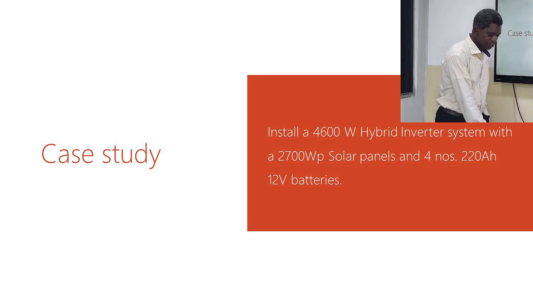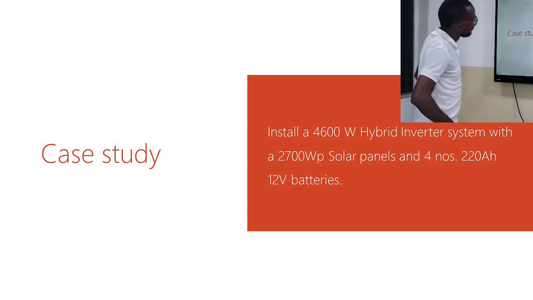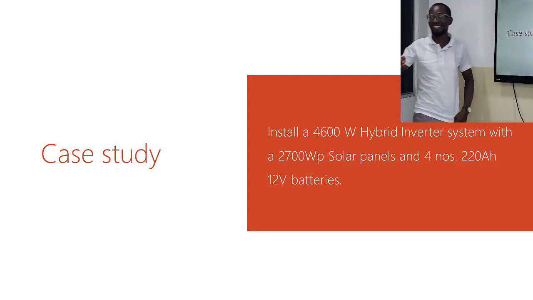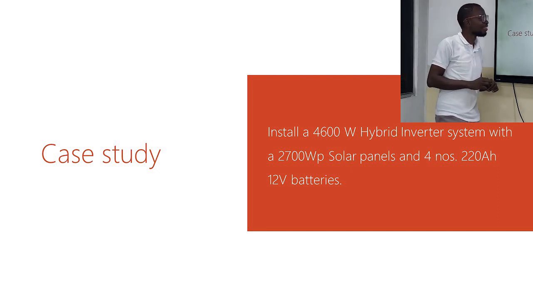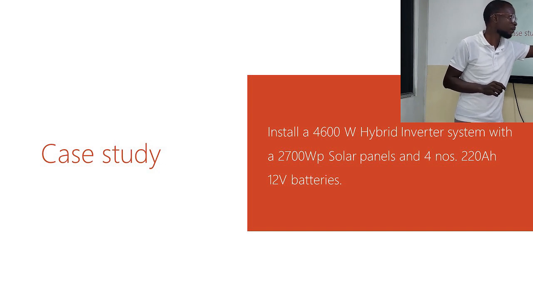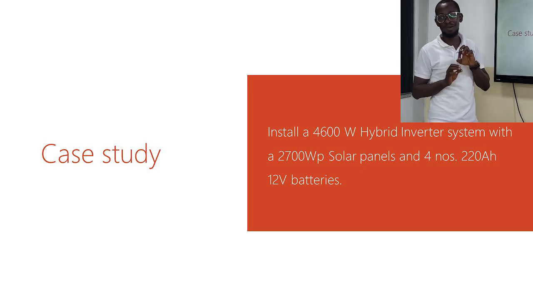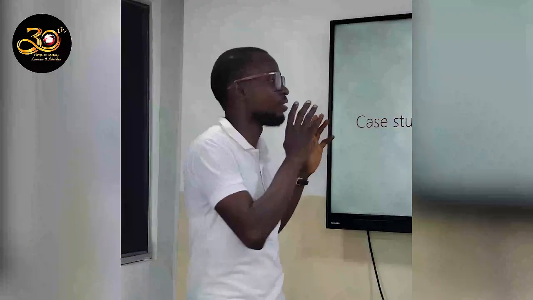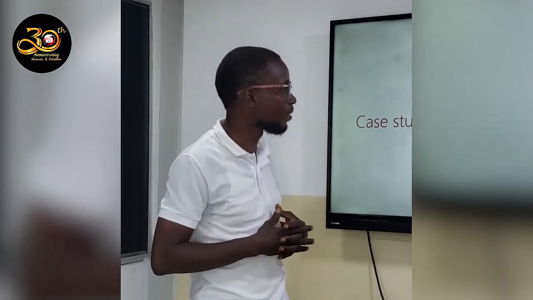From the presentation, Mr. Segun actually made mention of something. He said, first of all, we need to get the specification of the solar panel and the inverter, so that we will know how we are going to connect them. Maybe the inverter will be able to accommodate the solar panel.